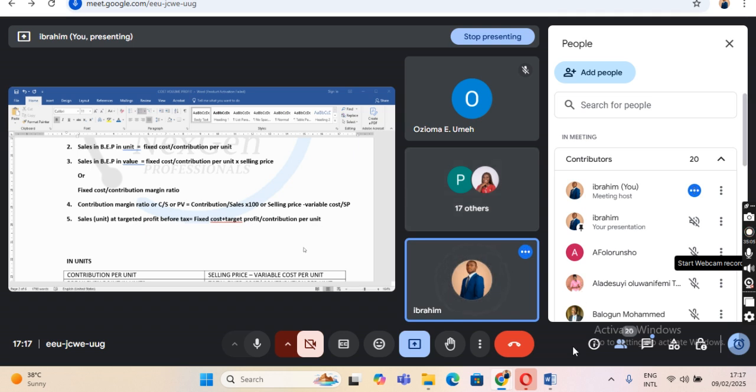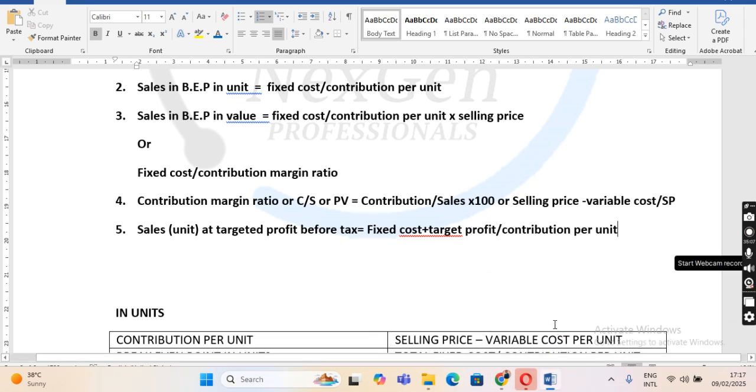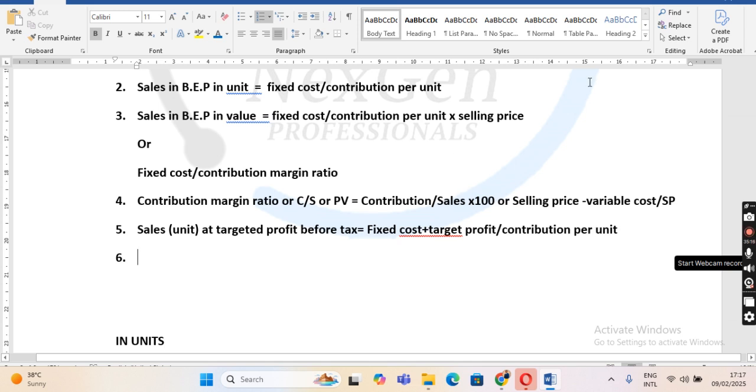You can see what we did in number 3. Now this is units. If you want to get the value, don't stress yourself. There are two ways you can get the value.